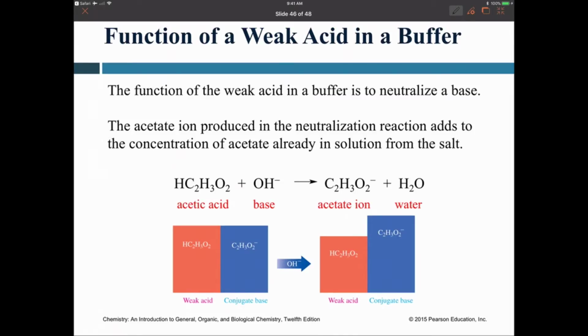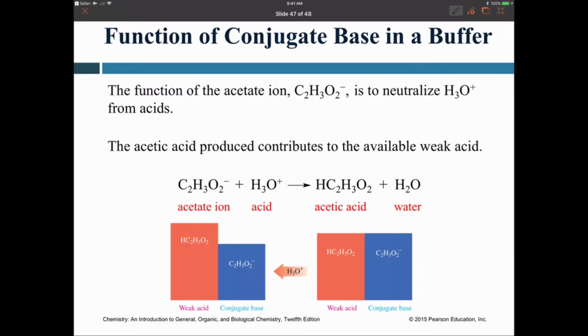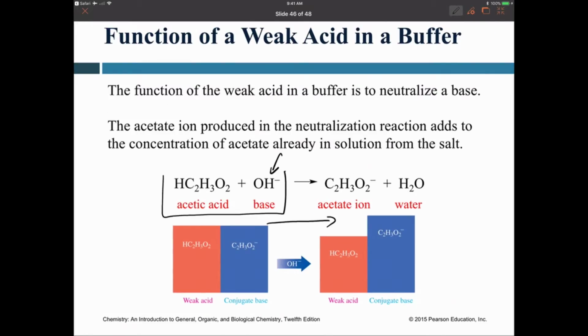Now, here's the nice schematic of it. So now here we have our acetic acid in solution. We add base to that. It's going to shift to the right. We know that's going to happen. Now, let me go back one sec. Here we have an equal amount of conjugate base and weak acid.